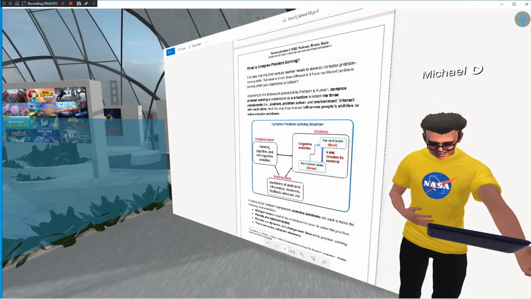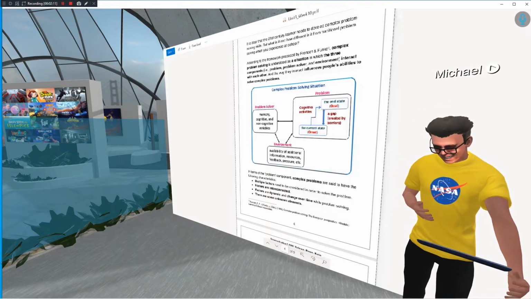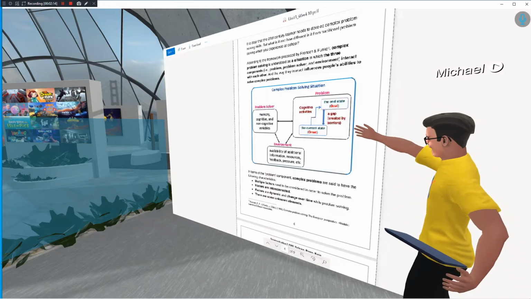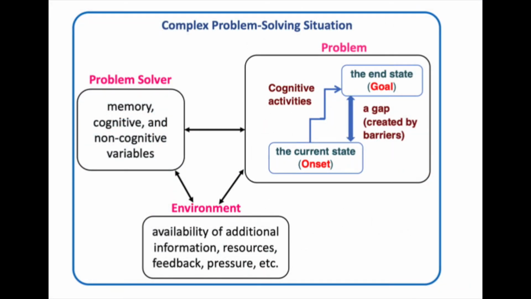Complex problems are said to have a number of different characteristics. On page 6, you can see a diagram and a bullet point list at the bottom highlighting those characteristics. Please read them.